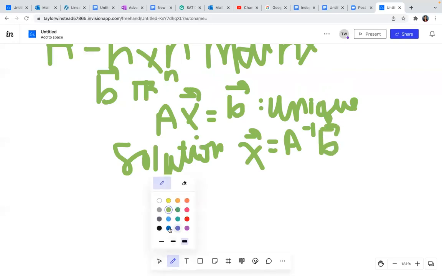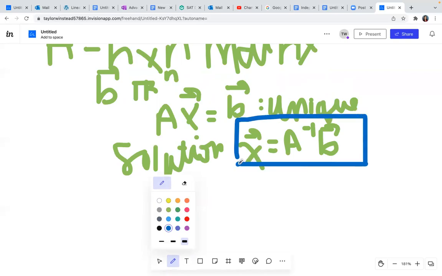And we already know this from the definition of invertibility. This all makes sense.